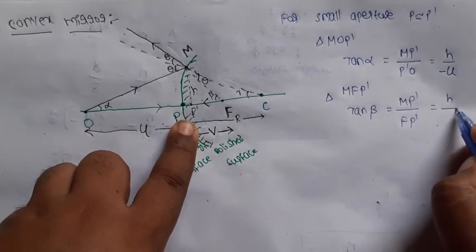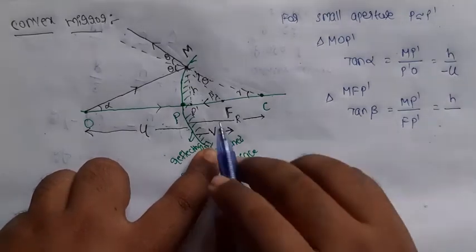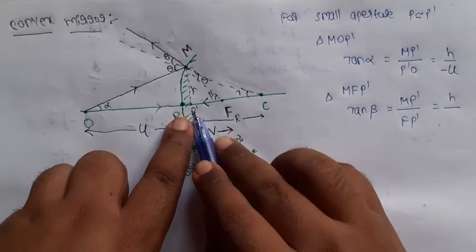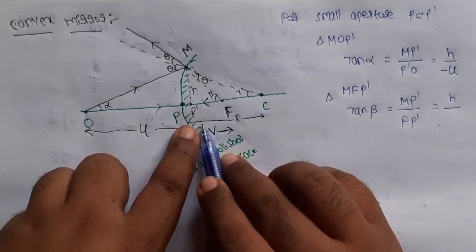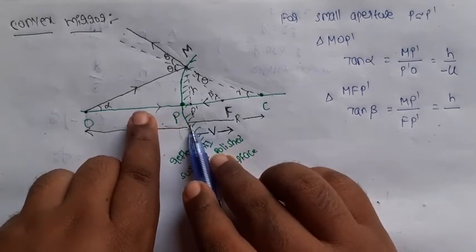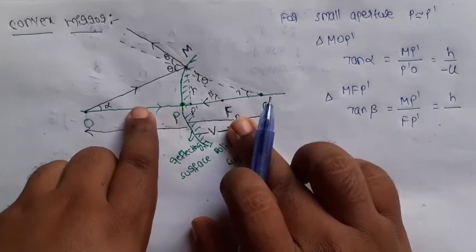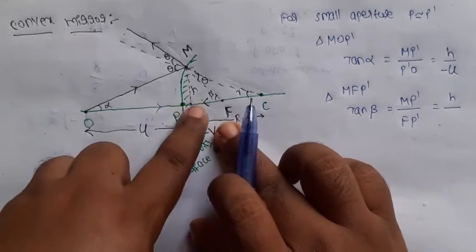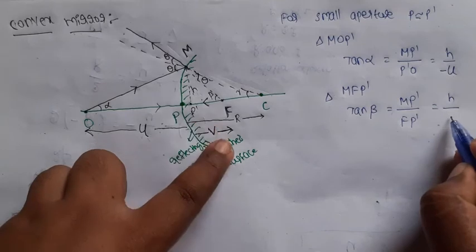So h by... P dash distance. This is the distance P dash to F, and we are measuring in the direction of the incident ray. We are measuring the distance P to F. This direction and the incident ray direction are in the same direction. That's why I am taking the positive value.